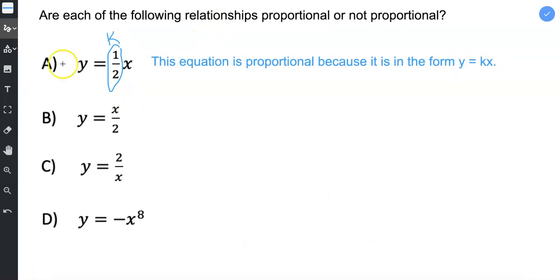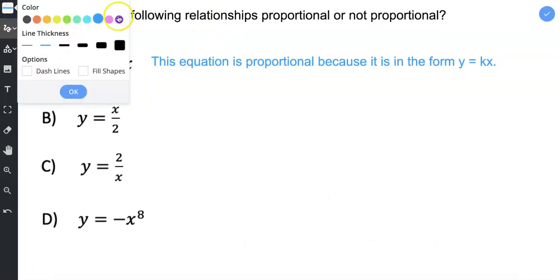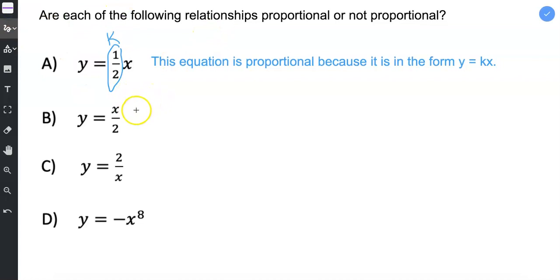Now let me show you why these fractions are the same. Think of it this way. Let's say that I had to multiply the x by the 1/2. Well, to multiply x by a fraction, I would need to write x as a fraction. So I would put x over 1. So now it would read 1/2 times x over 1.